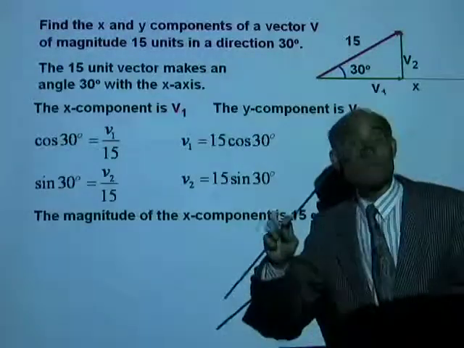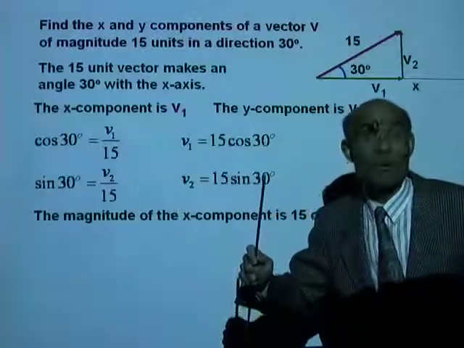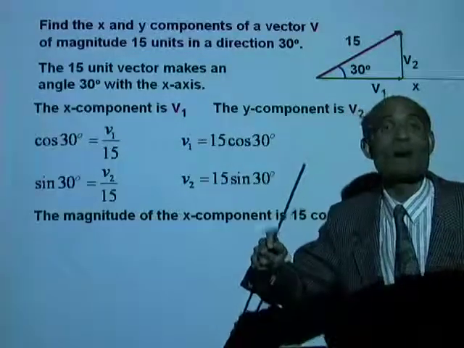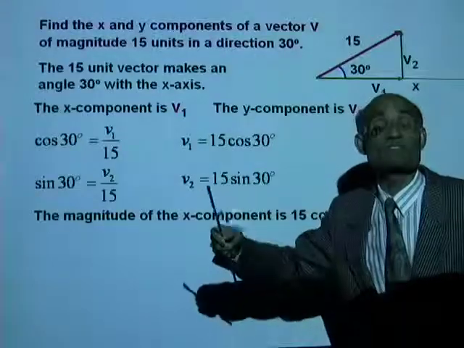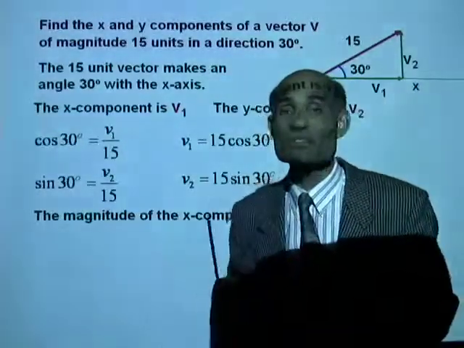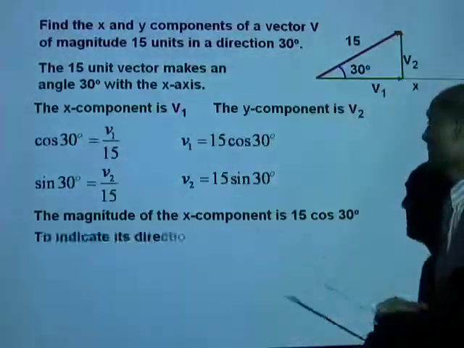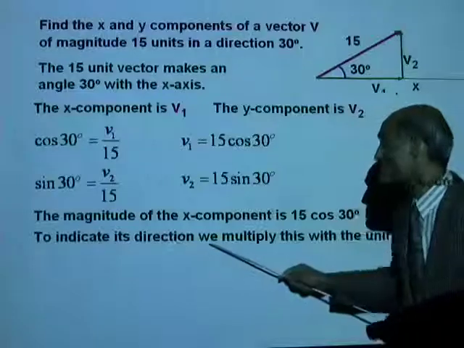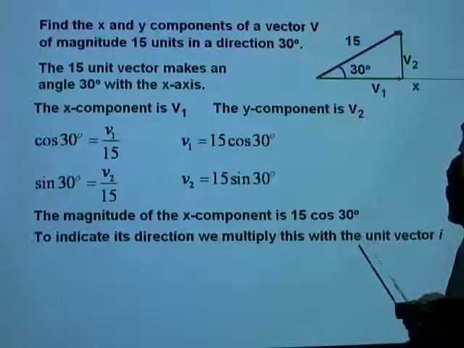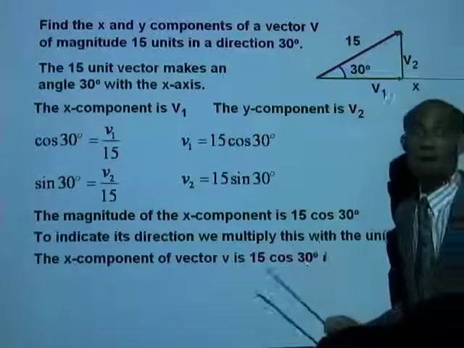If you want to specify that this is in the x direction, all you need to do is multiply it with the unit vector in the x direction. What is the unit vector in the x direction? The lowercase i. To indicate its direction, we multiply this with the unit vector i.